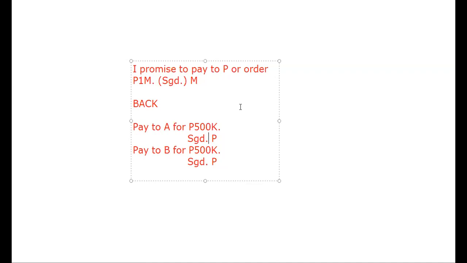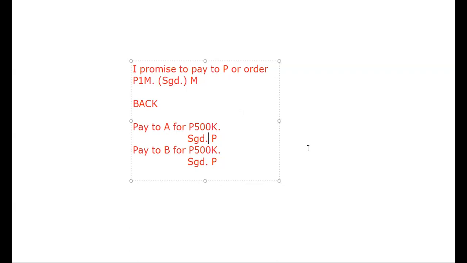Why? Because if you will endorse, you have to endorse it only to either one person or to two or more persons having the same interest. So, dito, sabi mo kay A 500,000, sabi mo kay B 500,000.